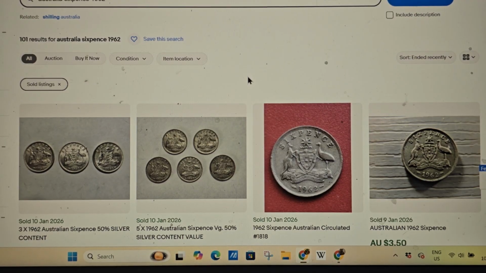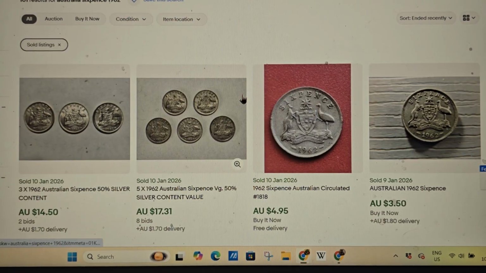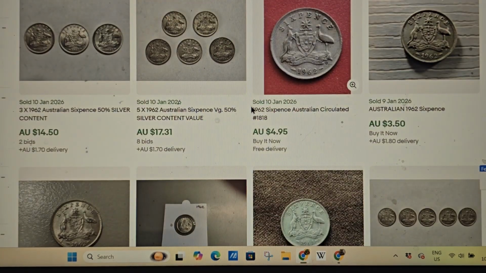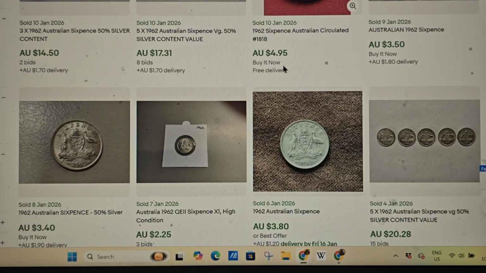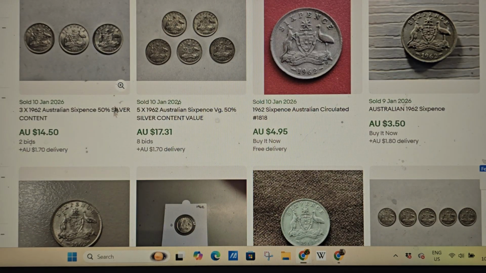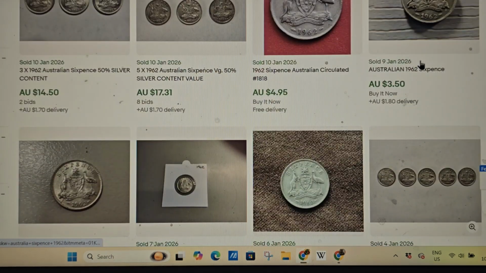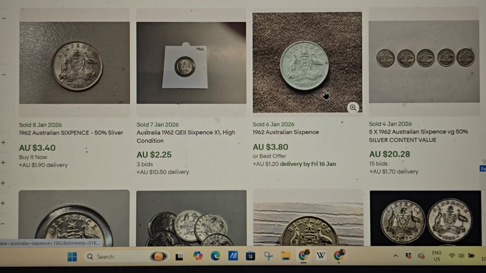Now if you want to buy one of these, we have old items, and you can see a lot of them going for about $4, $5.50 bullion. You see a lot of them are actually going for lower than that, so a lot of people are not updating their prices. Even if you buy this for like $2 5 years ago, and you flog it off for like $5 now, even with inflation you're going to lose money.